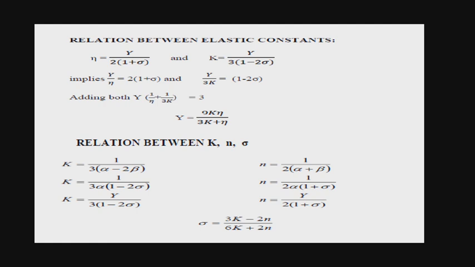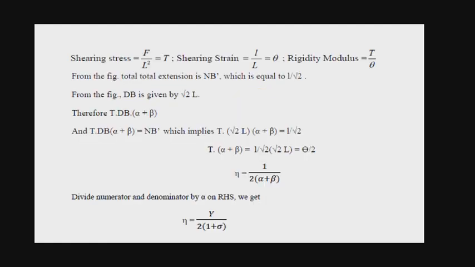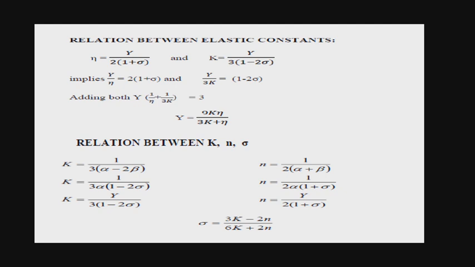Adding both the equations, that is Y into 1 by eta plus 1 by 3K, which is equal to 3. Here 2 into 1 is 2, 2 into sigma is 2 sigma, and 1 minus 2 sigma plus 2 sigma, the 2 sigma cancels out, and 2 plus 1 is 3.